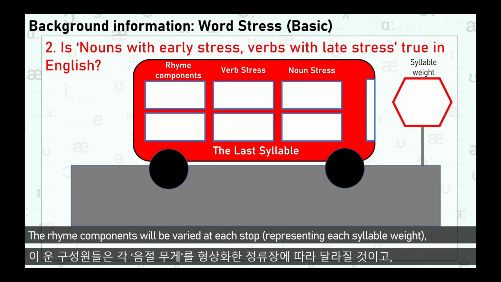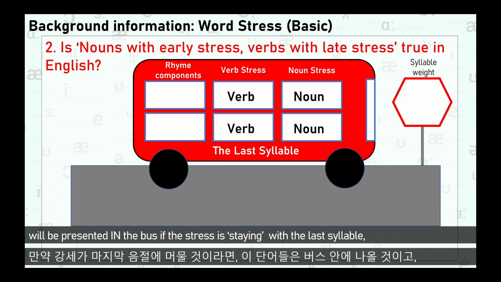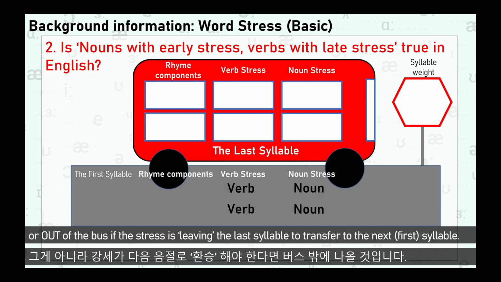The rhyme components will be varied at each stop, representing each syllable weight. And the verb and noun examples that match the rhyme components at each stop will be presented in the bus if the stress is staying with the last syllable, or out of the bus if the stress is leaving the last syllable to transfer to the next first syllable.